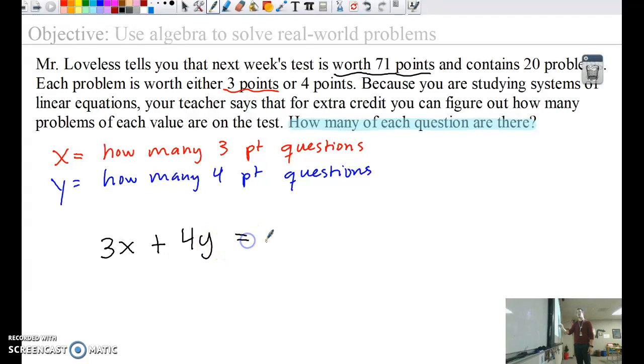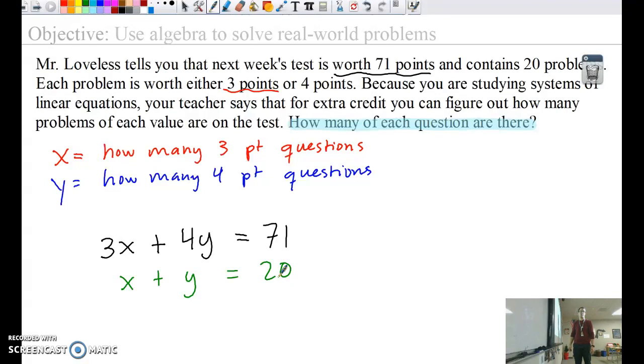And what's that total up to be when I'm done adding up all the points? 71. The other thing I know about this test is that when I add the two numbers of questions together, how many questions are there on the test? 20. So if I take X plus Y and equal 20, I should be done.